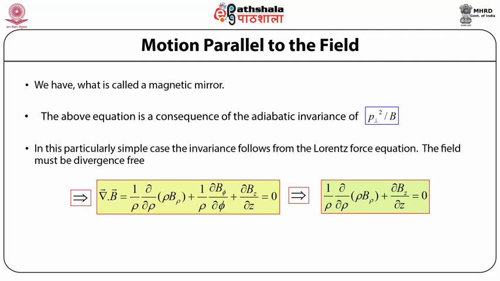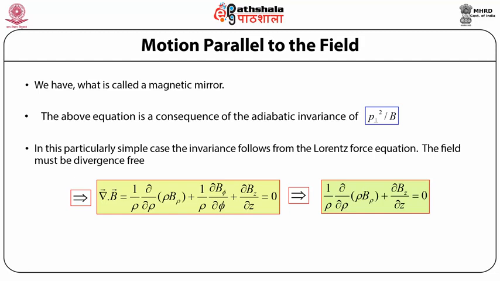Since the field has radial and axial components, 1 by rho times del by del rho of rho B rho plus del Bz by del z equals 0, provided del Bz by del z does not vary much with rho.